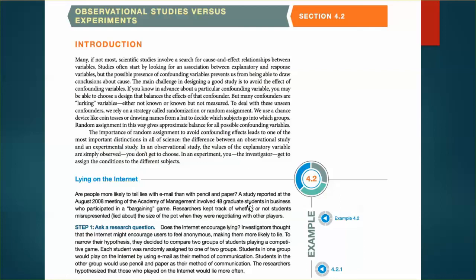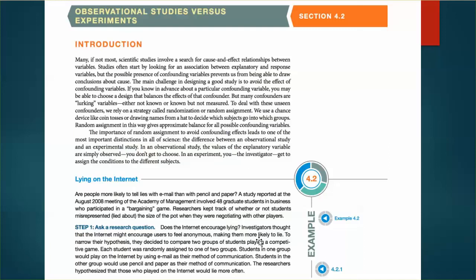So they got 48 business graduate students, and they participated in a bargaining game, and they wanted to keep track whether the students would lie about the size of the pot when they were negotiating with other players. So they had some situation where they could misrepresent the value of the thing that they were bargaining over. So the question is, does the internet encourage lying?